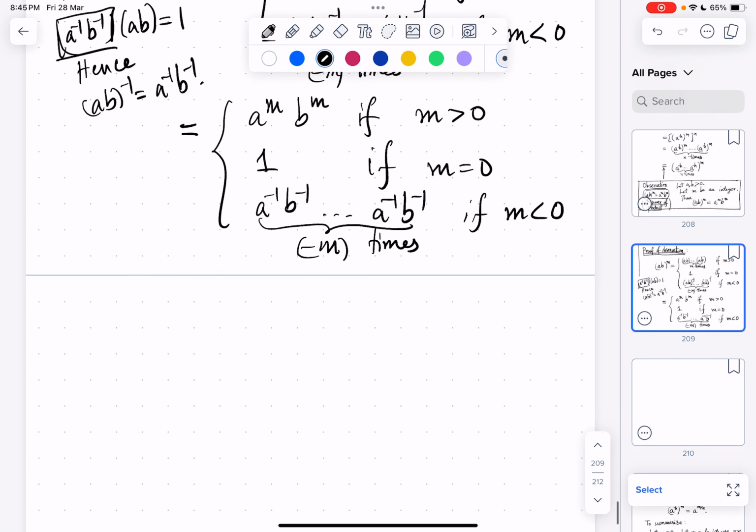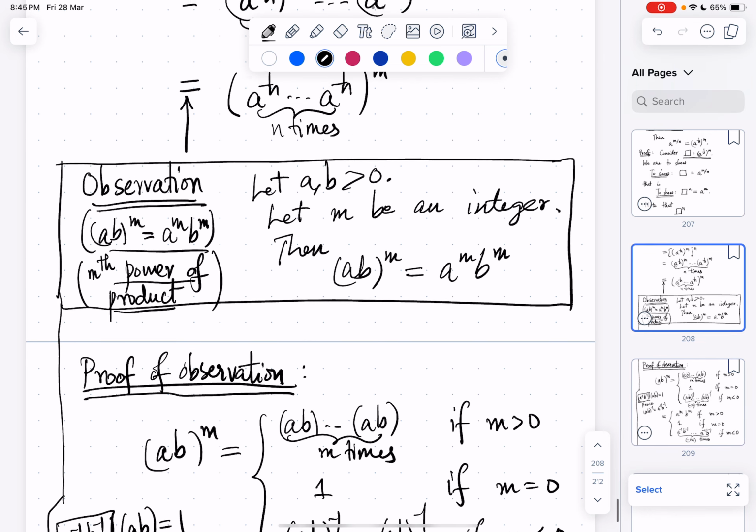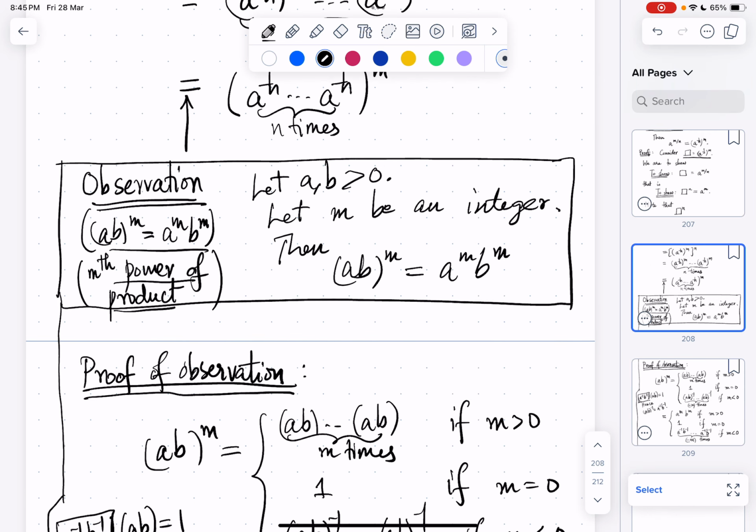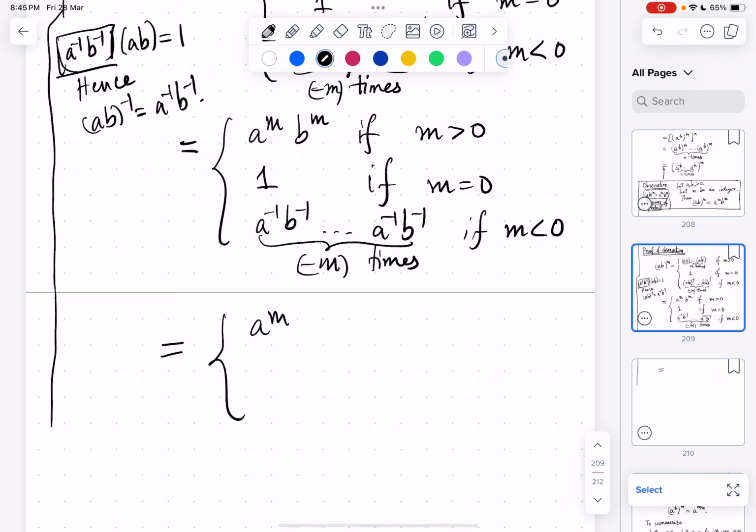So this is all the proof of the observation that (ab)^m is a^m b^m when m is an integer, right? So we can rewrite this as a^m b^m if m is greater than 0, 1 if m is equal to 0.